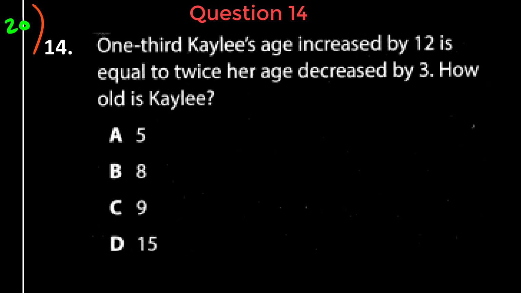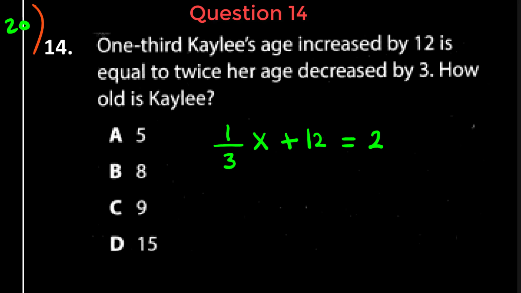Question number 14 asks about Kaylee's age, which will be represented by the variable x. 1/3 of Kaylee's age, which we don't know, so we will just put a variable x, increased by, so we are just gonna add 12, is equal to twice her age, so 2 times her age, decreased by 3, so subtract 3.